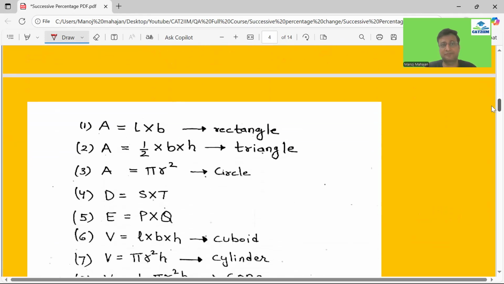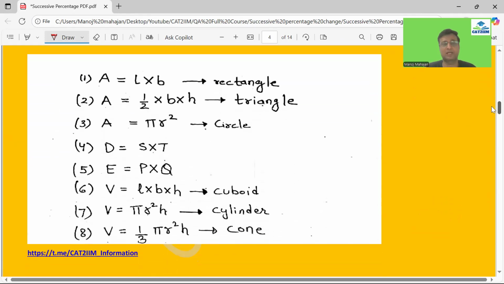Now, in the successive percentage change part 1 class, I talked about that the result A plus B plus AB by 100 can also be applied in the quantities where you have to find out the percentage change if the quantity is a product of two or three quantities. So I've just highlighted few of the quantities over here.